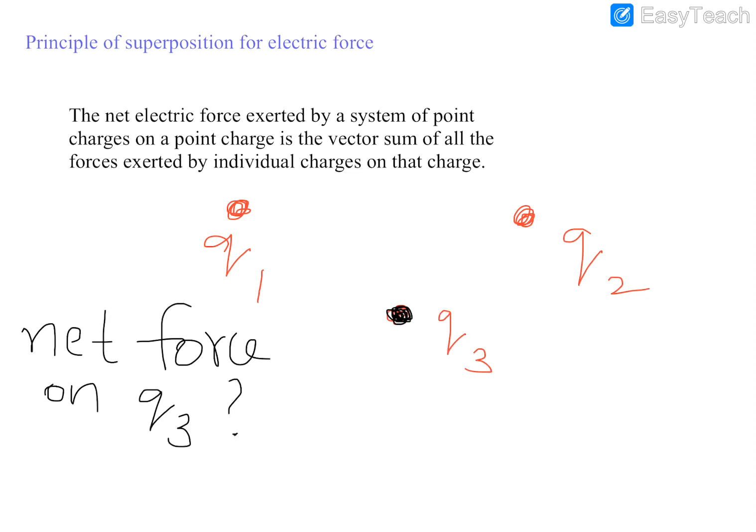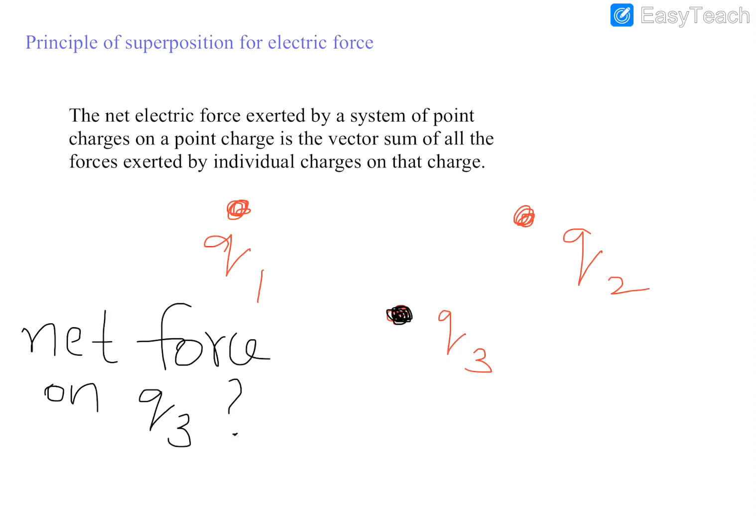Hence, the force exerted by Q1 can be in this direction or in this direction. In the same way, the force acting on Q3 due to Q2 can be either in this direction or in this direction, depending upon attractive or repulsive.